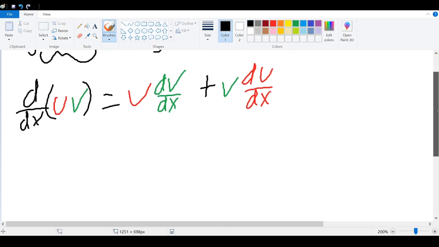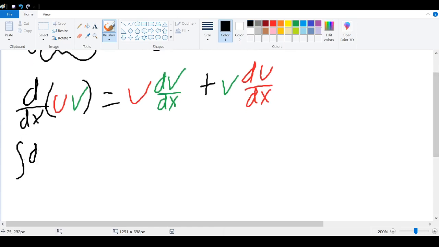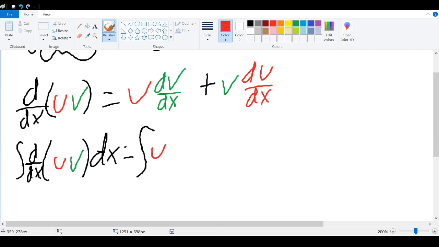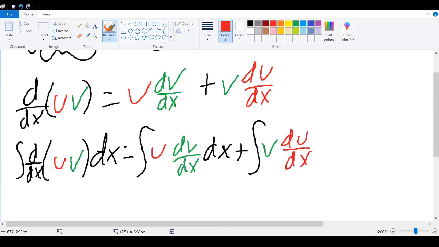And so when we do that, we get the integral of the derivative of u times v dx is equal to the integral of u dv/dx dx plus the integral of v du/dx dx.